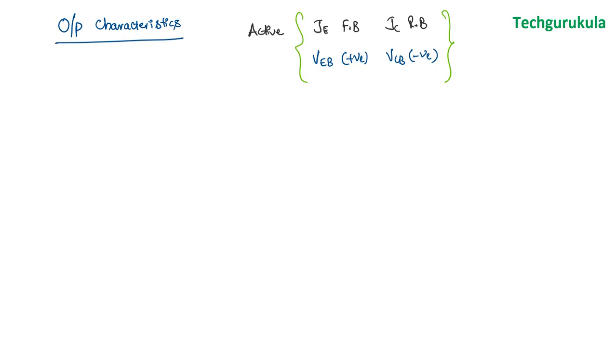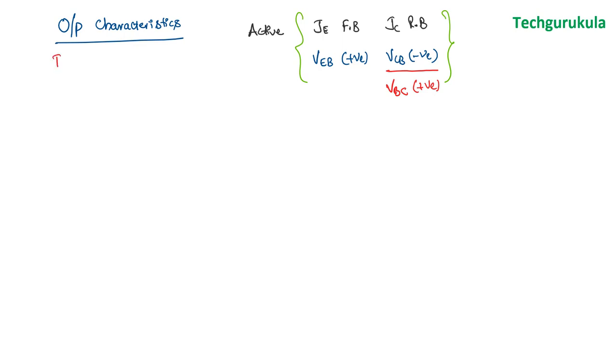To be in active region of operation, we have seen that VCB should be negative. If we have to plot, we will go into the second quadrant. So in order to avoid that, I'm not going to draw IC versus VCB. Instead, we will take VBC. If VCB is negative, which means VBC is positive, so that I would have I versus V characteristics in the first quadrant, which would be a lot easier to understand and simple.